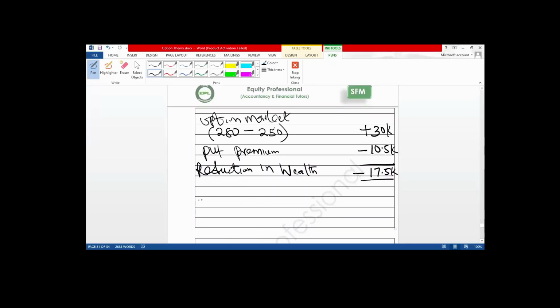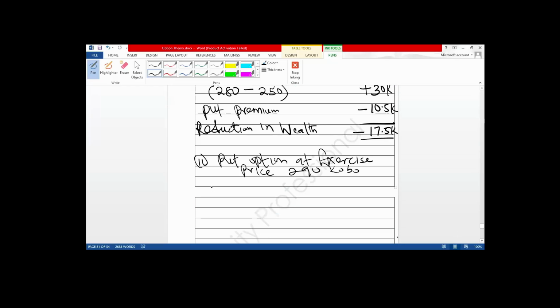Then second, a put option at exercise price 290 kobo. This can also be used to hedge. Again, the stock market.